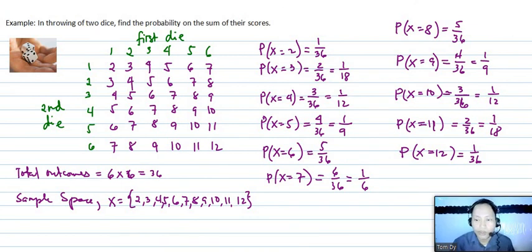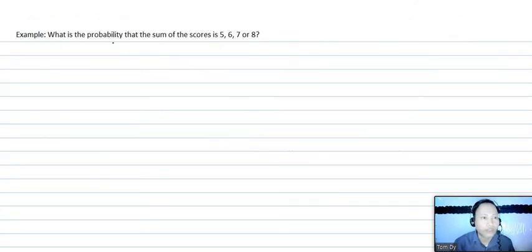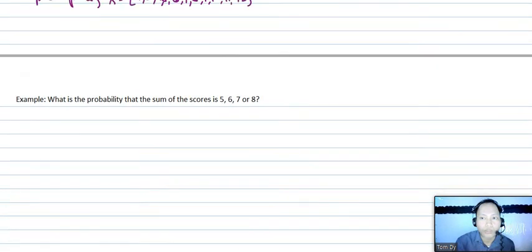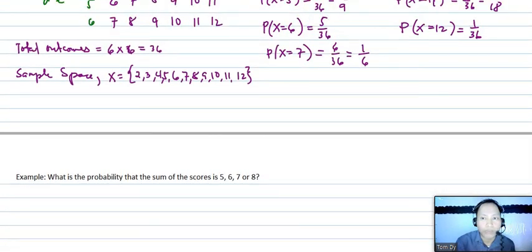Another example, we have here a question: what is the probability that the sum of the scores is 5, 6, 7, or 8? This question is based on the previous example, so we will go back to our previous example. We have this one.